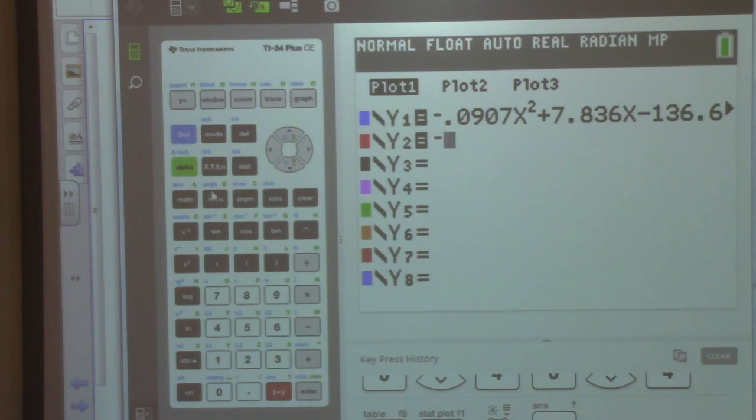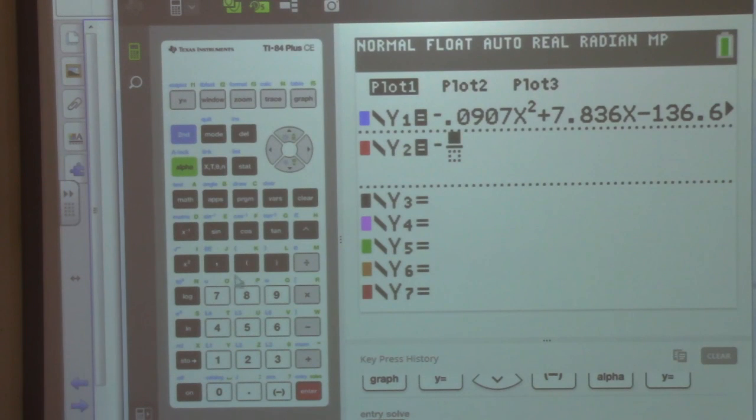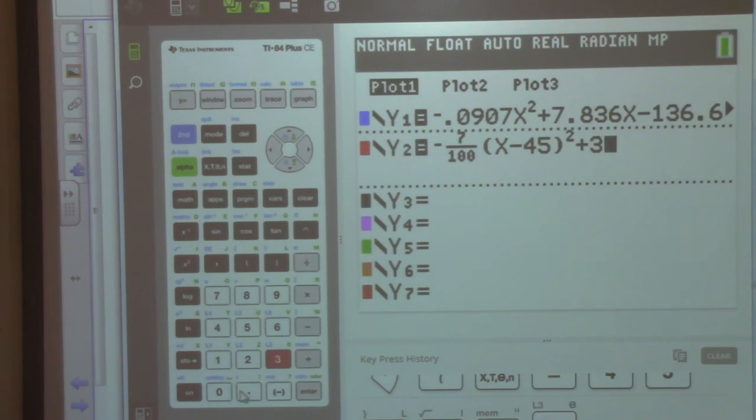So negative 7/100ths, and we're gonna have x minus 45, squared, plus 30. Let's see what this baby looks like.